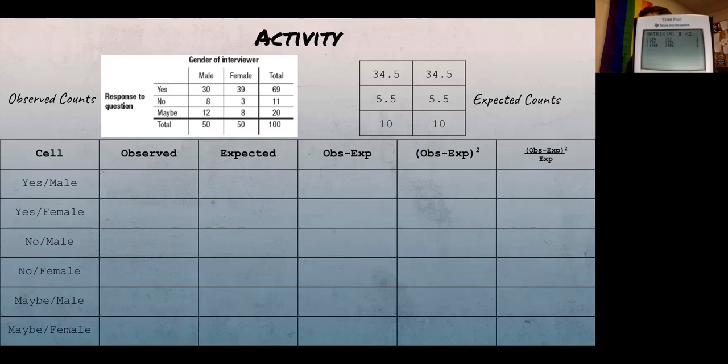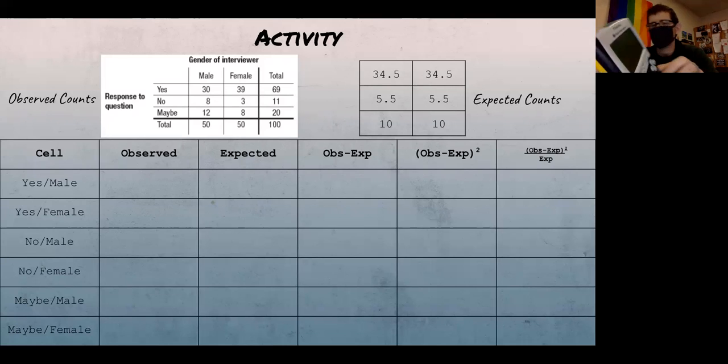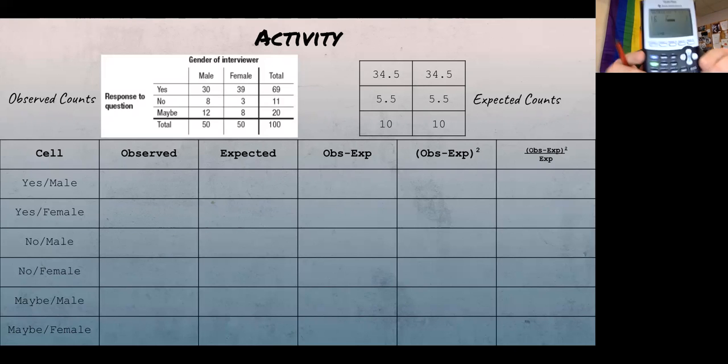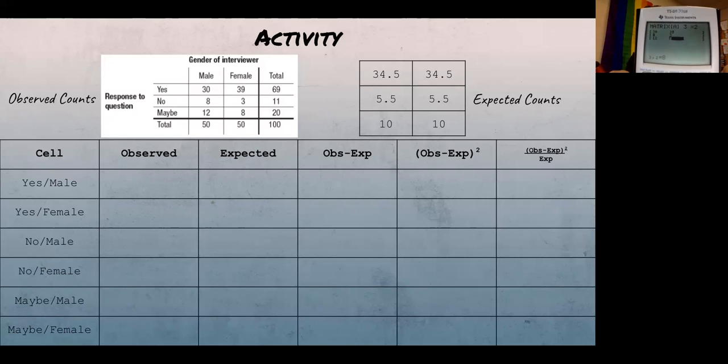And then you can go down, and for every single cell in your matrix, plug in the right numbers. So I'll actually do that now and then show you what mine looks like when I'm done, which now I am. You can see I just took the same data and plugged it in.